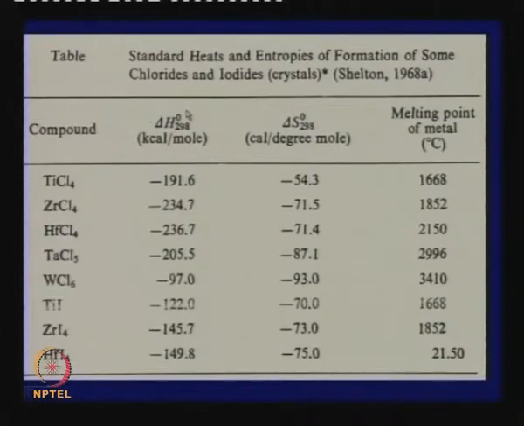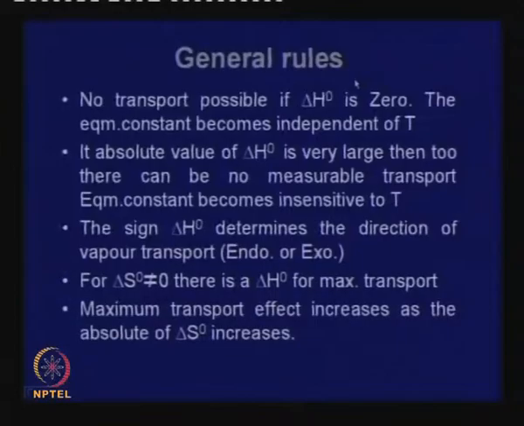And we have shown that we have to understand the reaction in terms of enthalpy change, entropy change, and melting point. Then it came to some general conclusions that no transport of this kind is possible if the delta H value is 0.